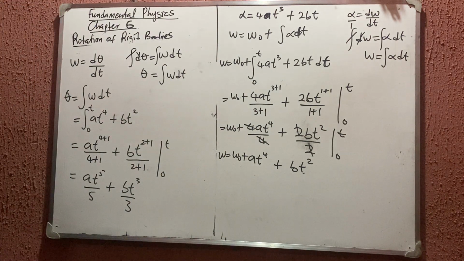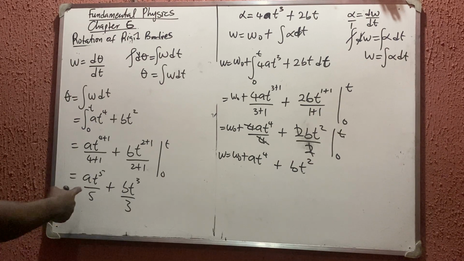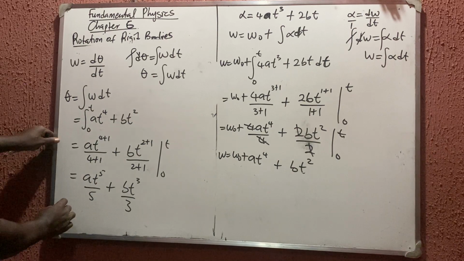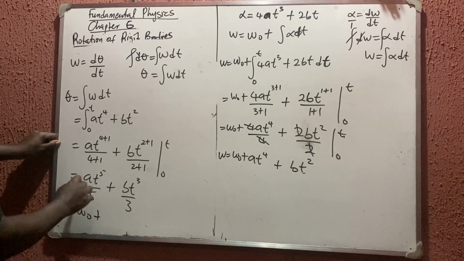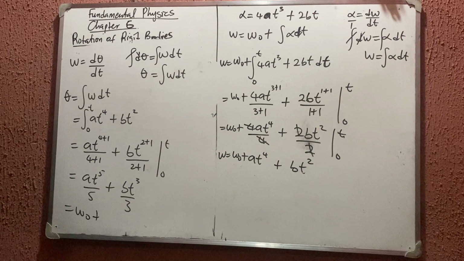So for the other one, we move to the next question. The same is applicable here. Don't forget that I'm going to have W0 plus all these things. So this is going to be W0 plus everything here.